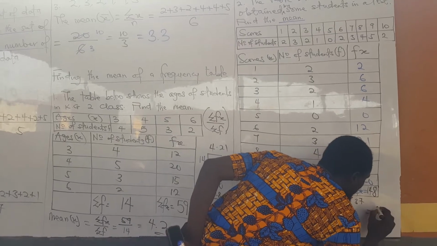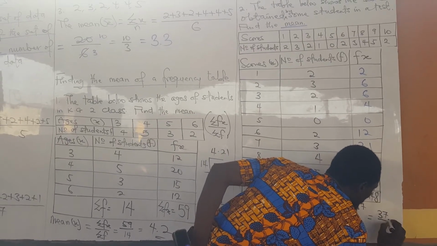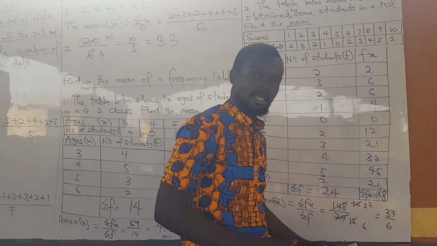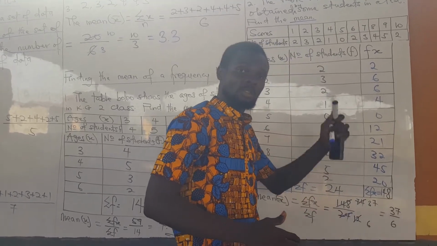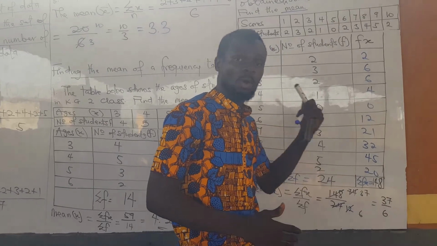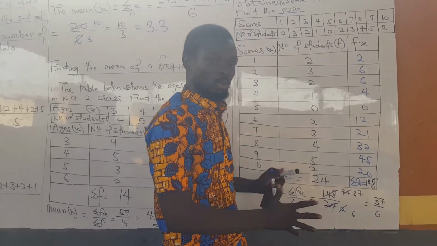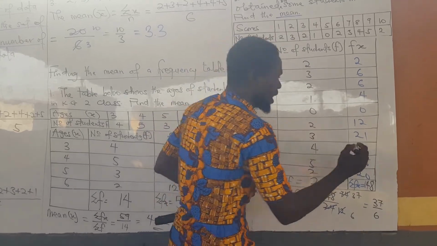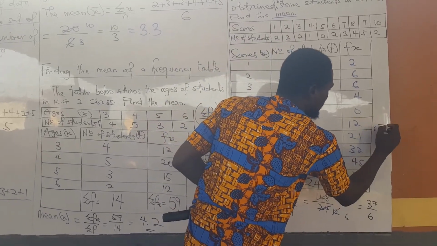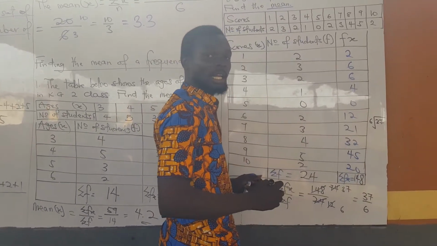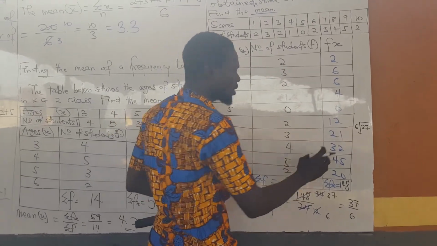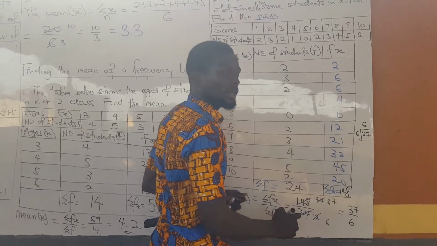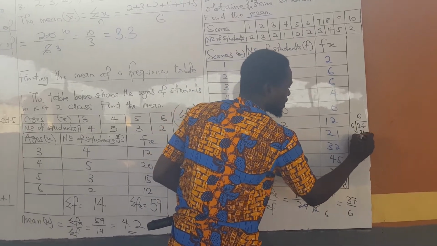Now we have 37 over 6. With this 37 over 6, there is no number that can go into 37 and at the same time into 6, so we are going to change this into decimals. We put 6 outside and 37 inside, using long division. 6 will go into 37 6 times. 6 times 6 is 36.